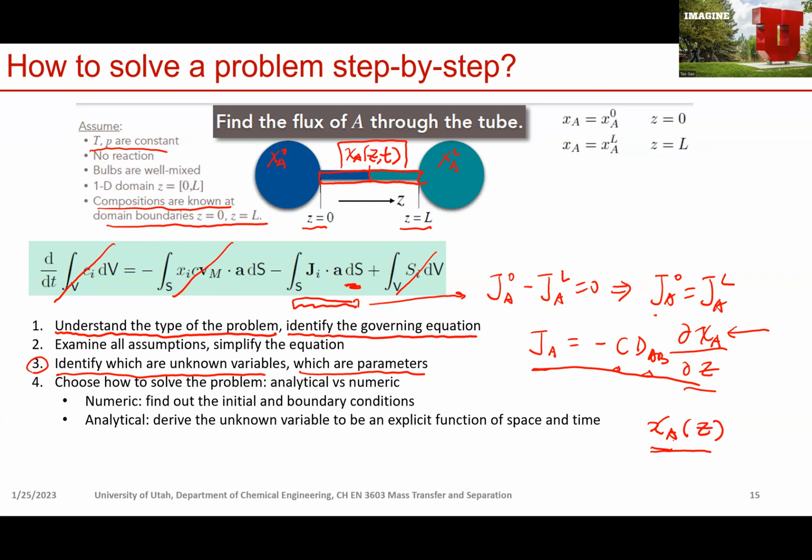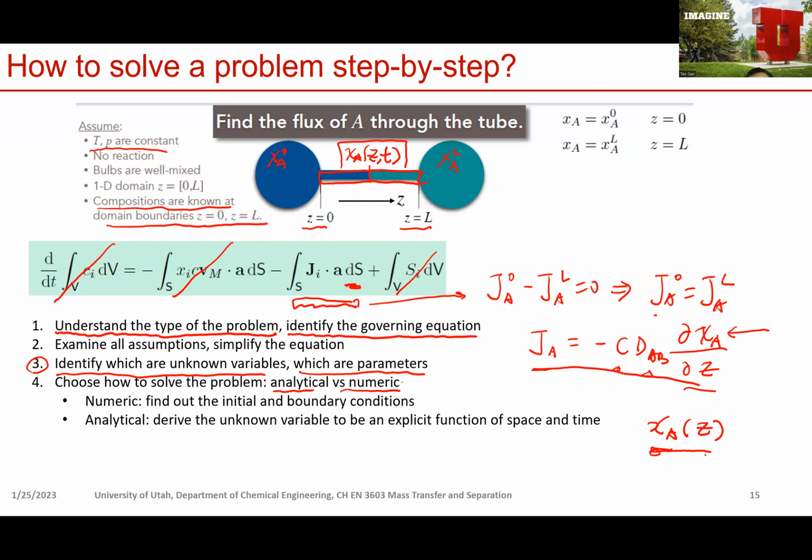Since after we get to this step, what is left is only math, right? So mathematically, how do we solve XA as a function of Z? That's when we need to examine our math toolbox. Typically, there are 2 types of methods. You can solve a differential equation either analytically or numerically.